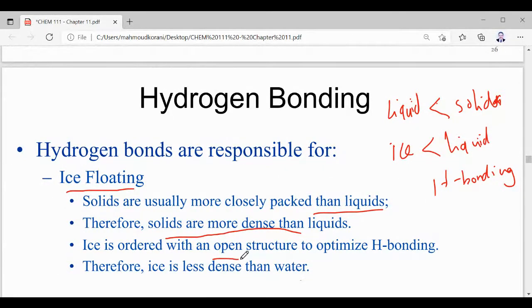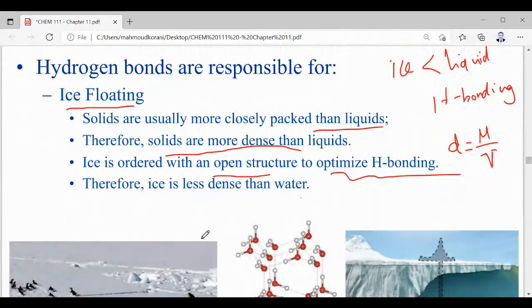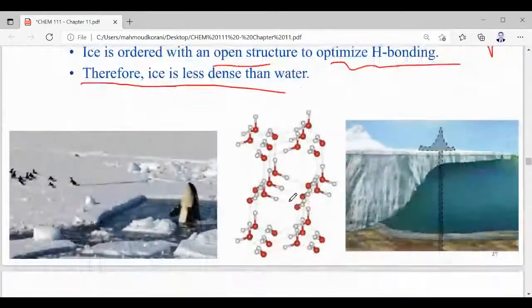Ice is ordered with an open structure optimizing the hydrogen bonding, which increases the volume of the ice, and that's why its density decreases, because density is equal to mass divided by volume, and the volume of the ice is greater than the volume of the liquid. That's why the density of the ice is lower than the density of liquid water. Therefore, ice is less dense than water.